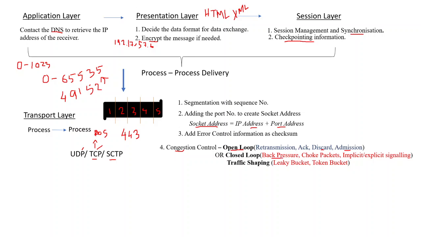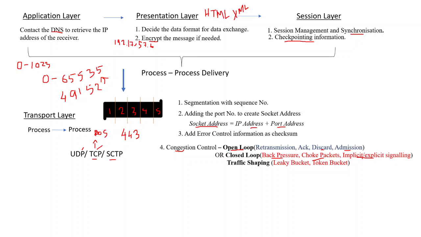These are like back pressure, choke packets, implicit and explicit signaling, where back pressure deals with when it starts not accepting those packets, and finally the sender gets to know that all the packets it's sending are actually getting discarded. Then choke packet is like a control packet which is sent from the destination to the source, which says that this network is too congested, so please don't send us any more packets.